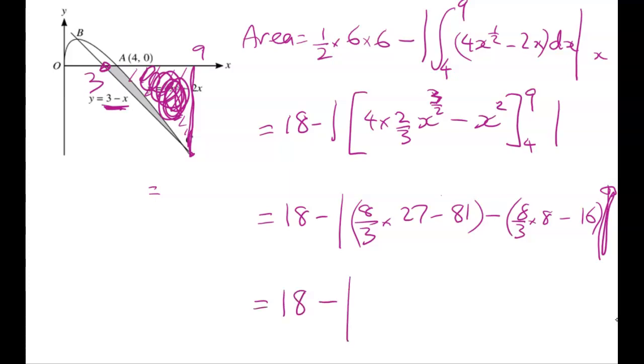So in here we've got 72 minus 81. So this is -9 minus, and here we've got, let me see, 64 minus 64/3 minus 48/3.